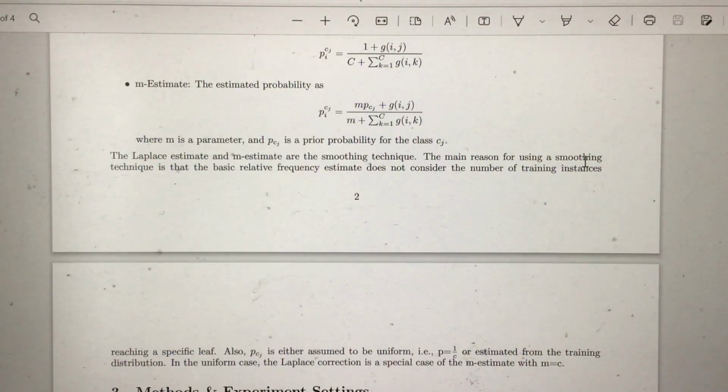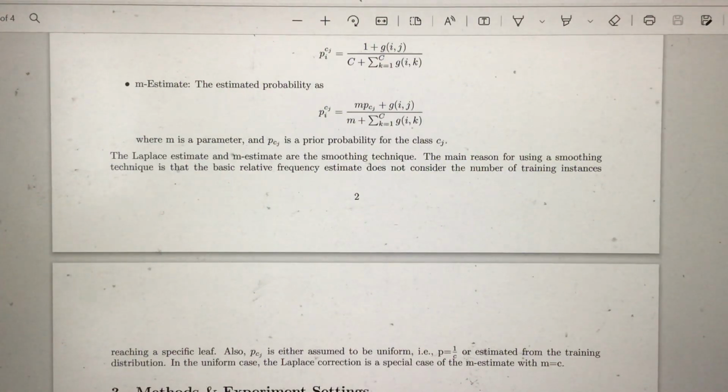So P_j is either assumed to be uniform, that is P equals 1 divided by C, or estimated from the training distribution. In the uniform case, the Laplace correction is a special case of the M estimate with M equal to C.